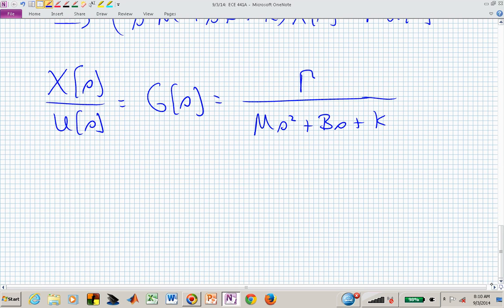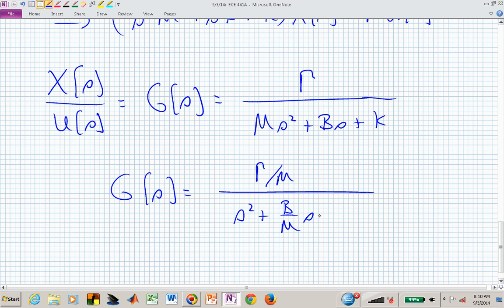Or we might want to make the denominator monic. A monic polynomial simply means the highest power's coefficient has been normalized to 1. If we divide the mass out of the denominator and shift it upstairs so that now we just have an s squared downstairs, our transfer function in another representation could be gamma over m over s squared plus b over m s plus k over m.